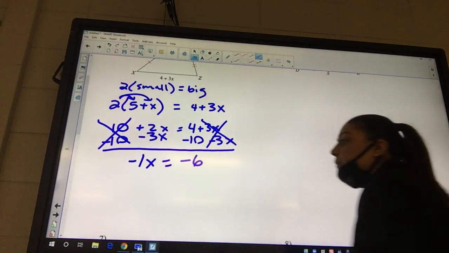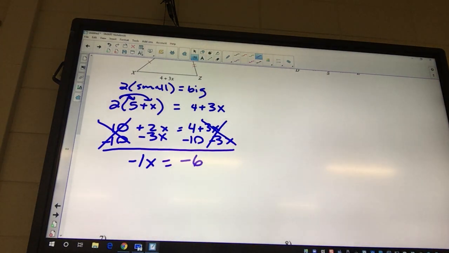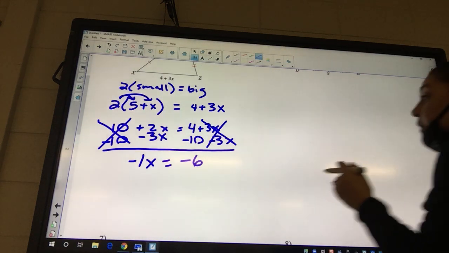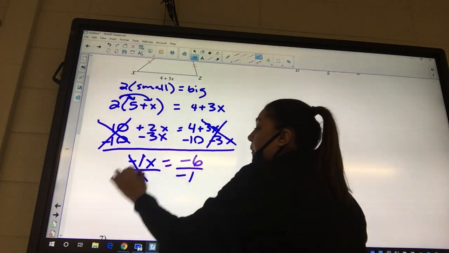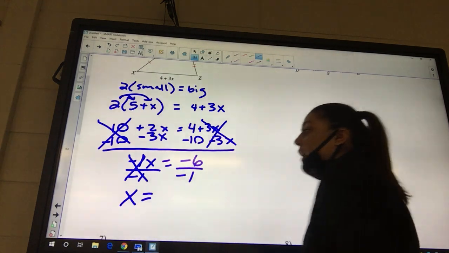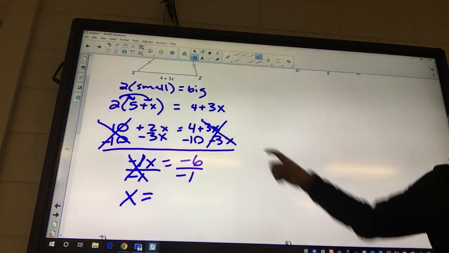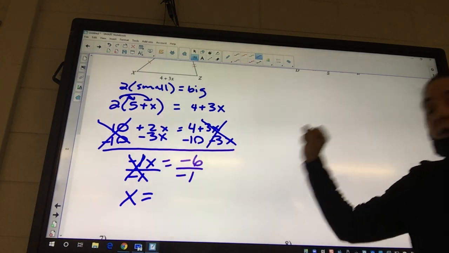So I got negative 1x equals negative 6. What's our last step? Divide. Always. So divide by negative 1. So I'm going to have x equals, what's a negative divided by a negative? Positive. So 6 divided by 1 is 6.